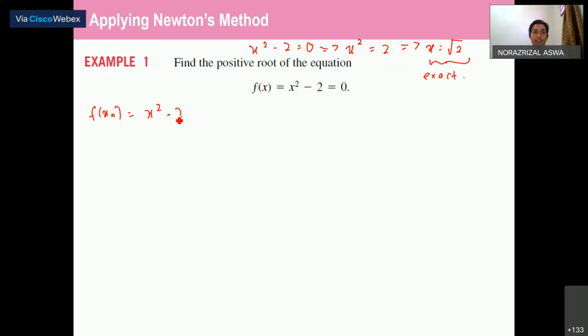The next element in our formula is f prime(x_n), so we are going to differentiate this. X squared gives 2x, and 2 gives 0, right? Now we are going to plug everything into our formula.